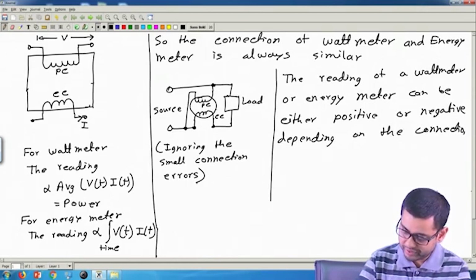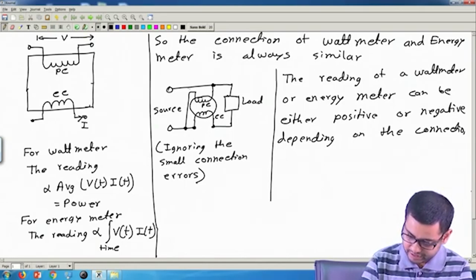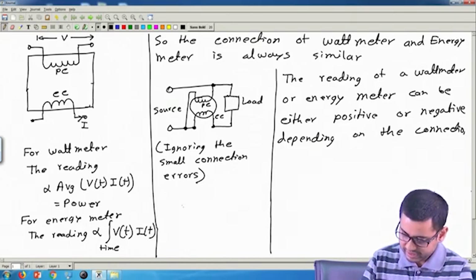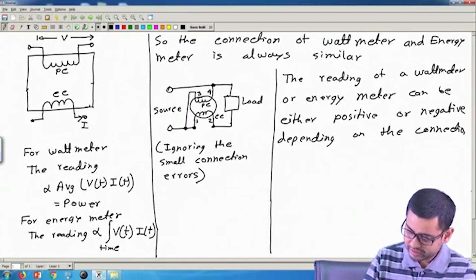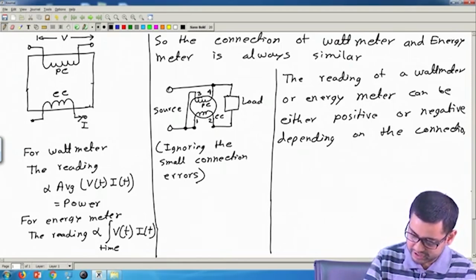So for example, if I connect this same circuit, let me just give some names. Call these terminals 1, 2, 3 and 4. This is terminal 1, terminal 2, terminal 3 and terminal 4.